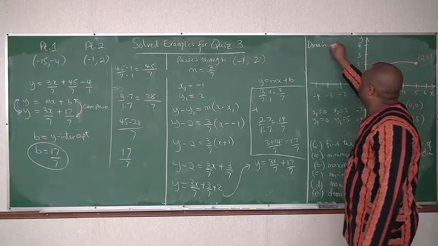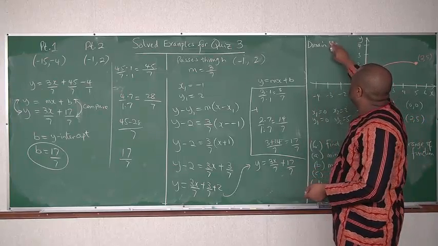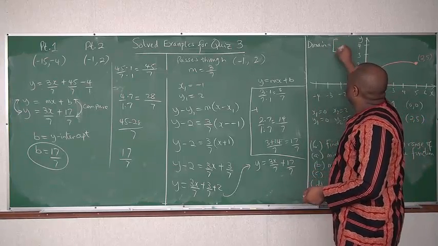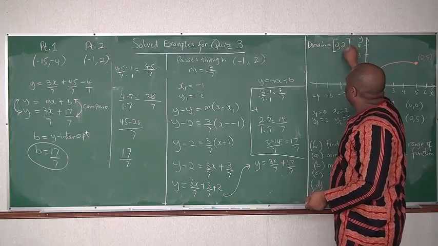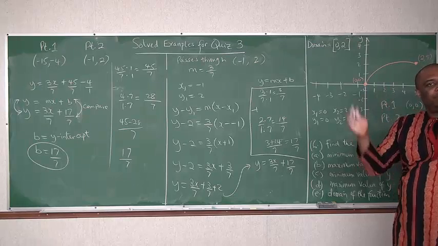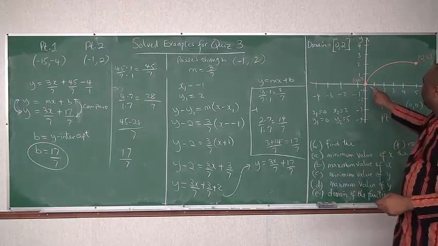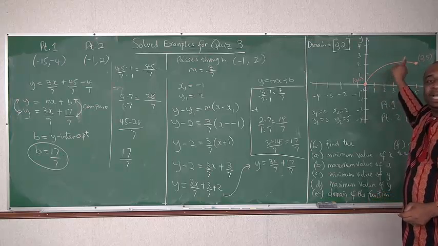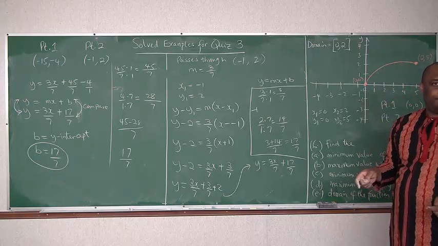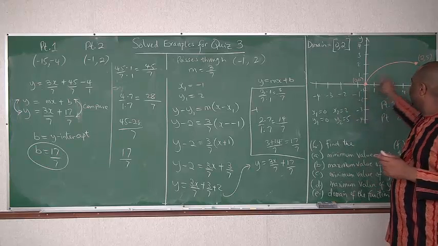So the domain, in interval notation, because they asked you to write it in interval notation, includes 0 and 2, all the values from 0 to 2. Why are 0 and 2 included? Because this is a shaded circle, a closed circle.